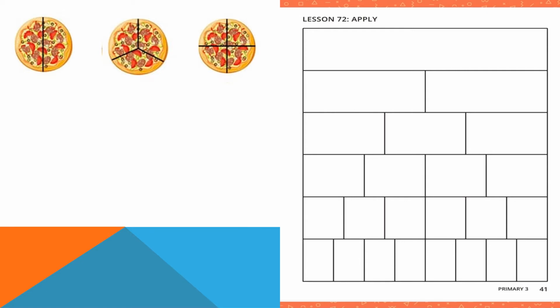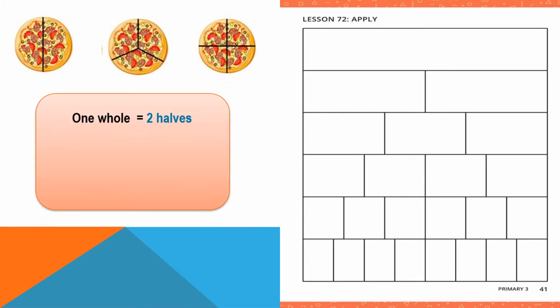So the whole pizza now contains 4 fourths. So the one whole contains 2 halves, and the same one whole contains 3/3, 4 fourths, and so on.